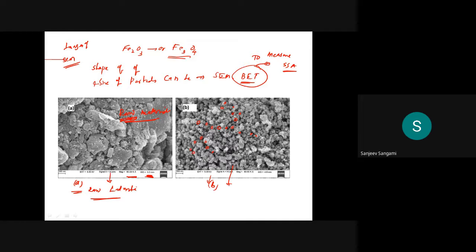If I want to measure the size of a particle, you can see this is one particle, this is also one particle, this also. So it can be measured easily. Here different sizes of particles are there, circular in nature. In the other image you cannot find any circular shapes. But here you can see what kind of shapes are there. In some parts you can see that agglomeration of the particles has happened, meaning the particles are clubbed up in some positions.